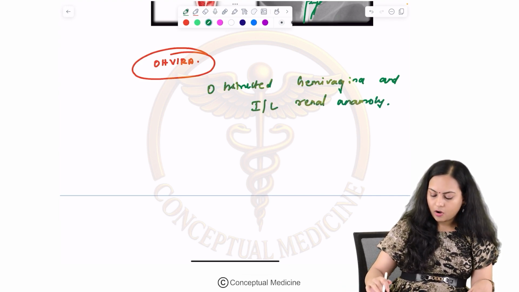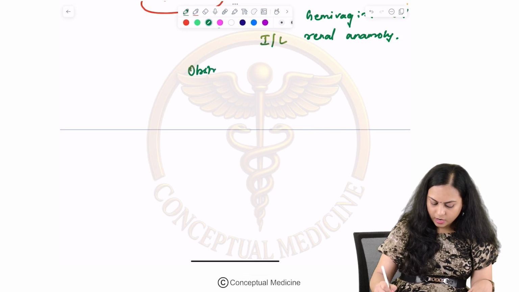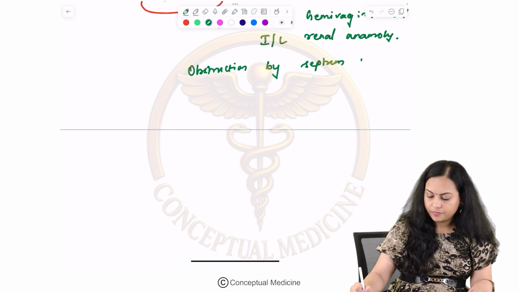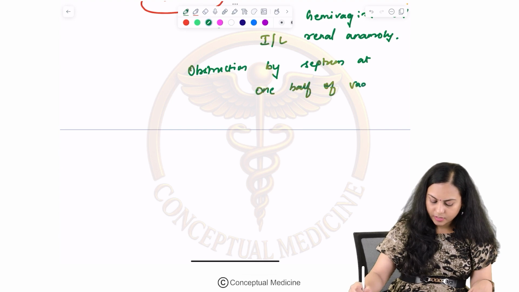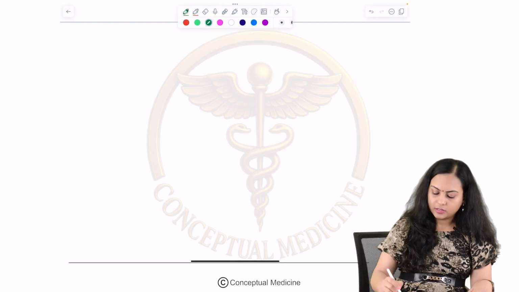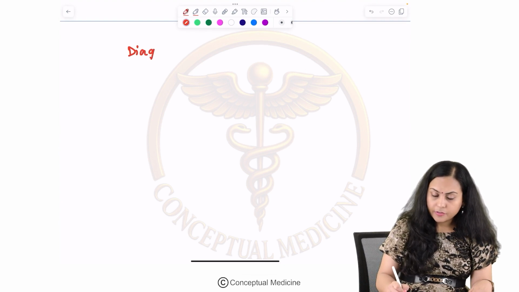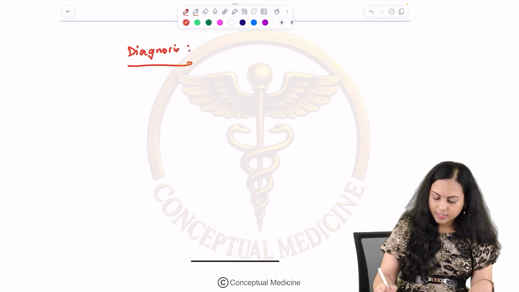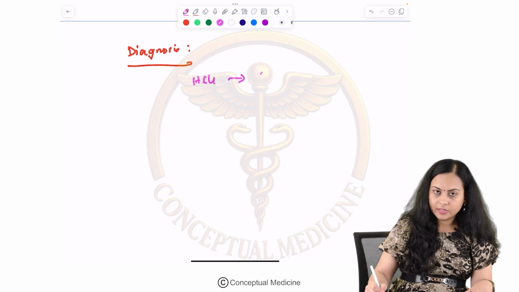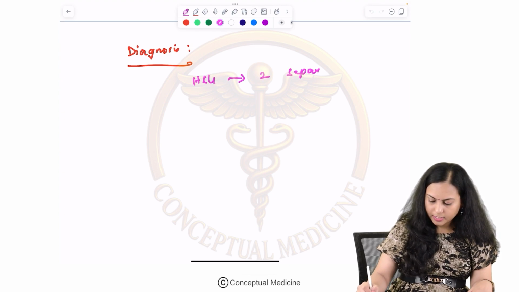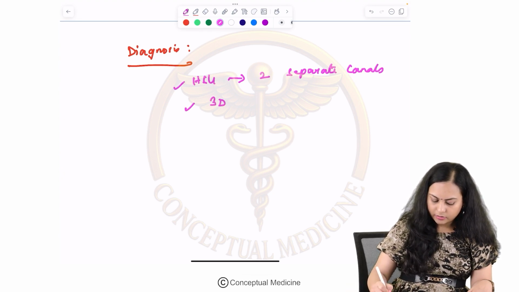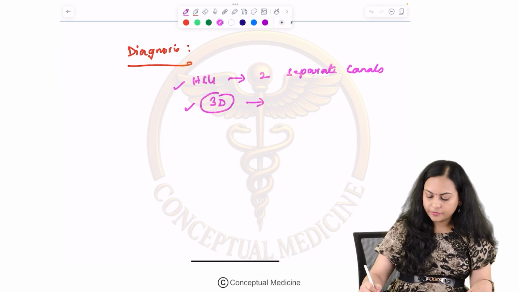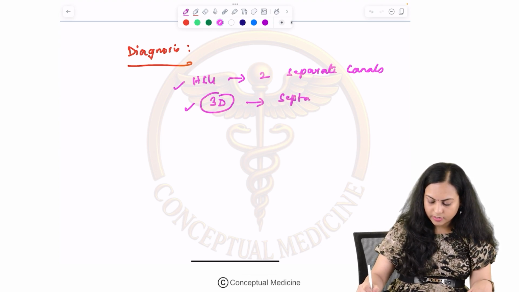Also you have obstruction by a septum at one half of the vagina, right? Then how will you diagnose this condition? What do you find in HSG? We have already seen: you will see two separate canals. Then in 3D, you will be able to differentiate it from a septate uterus.